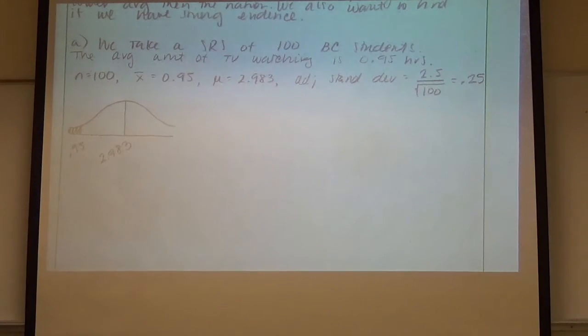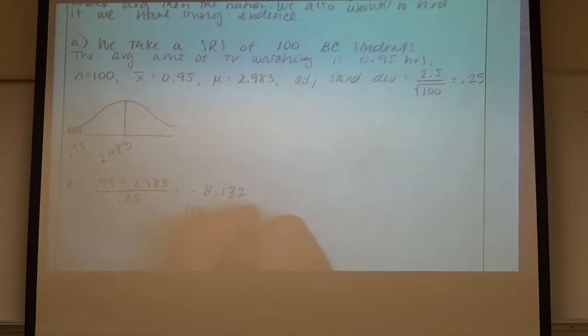So now I'm just going to calculate this little probability. I need to find the z-score. I have z equals 0.95 minus 2.983 over my adjusted standard deviation, which is 0.25. If I do the calculator work there, that's negative 8.132.